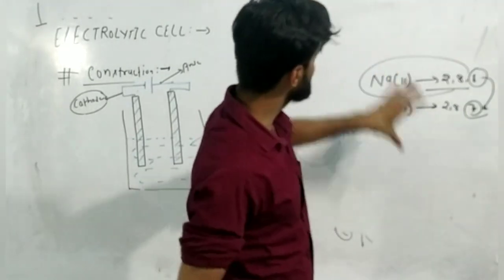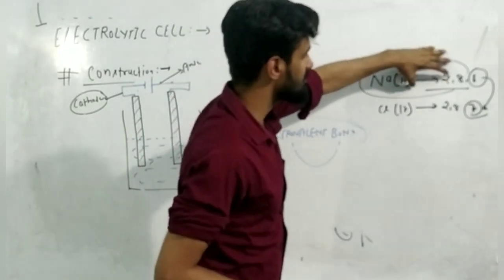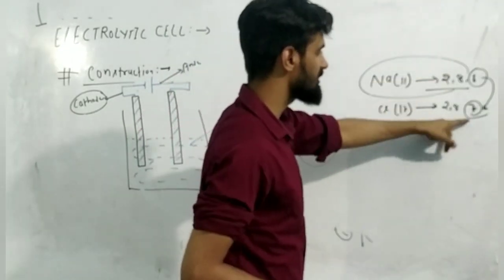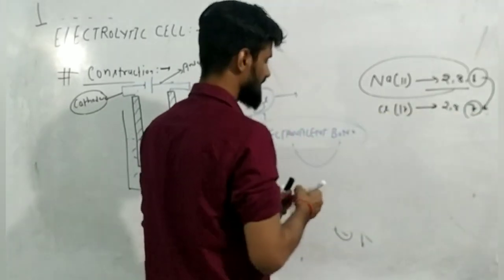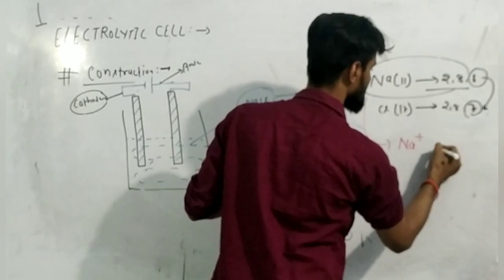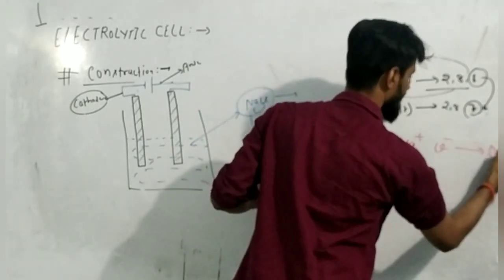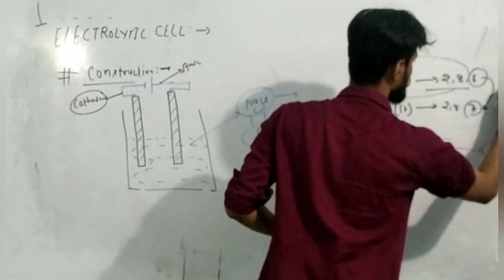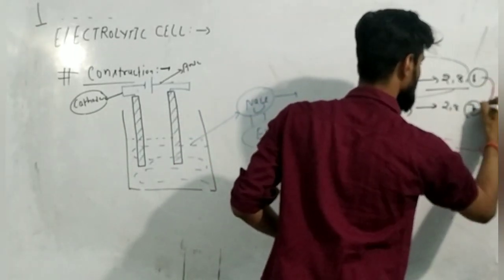In this way Na is going to lose 1 electron and chlorine is going to accept 1 electron. If Na loses 1 electron, it gets converted into Na plus, and Cl gets converted into Cl minus, and after this it forms NaCl. Here you can see there is a complete transfer of one electron from sodium to chlorine.